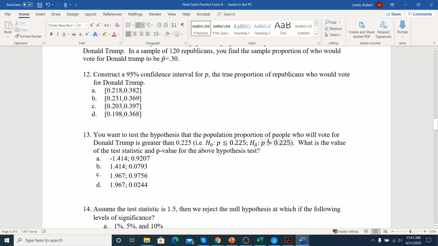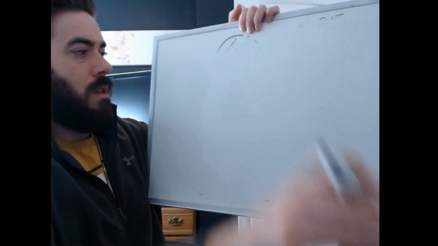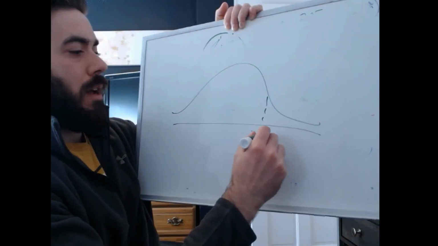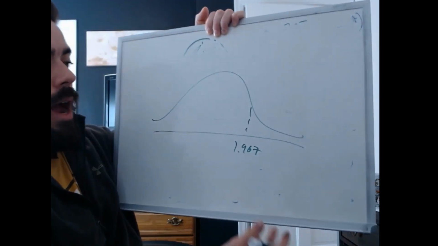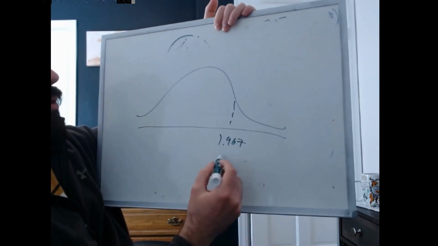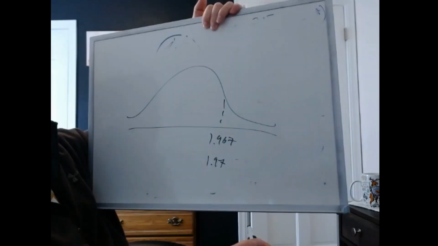How do I get the p-value? Well, it's a right-tailed test, right? So when I'm thinking about a right-tailed test and I want to find the p-value, I just found a test statistic of 1.967. I know I'm using a standard normal distribution or a z-table, so I can only look this up to the second decimal, so I'll go look up 1.97.